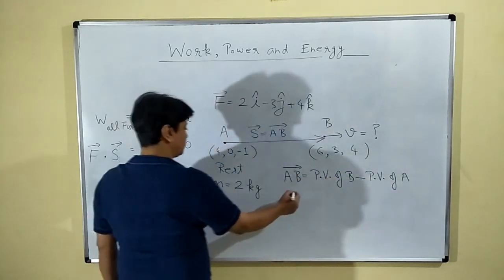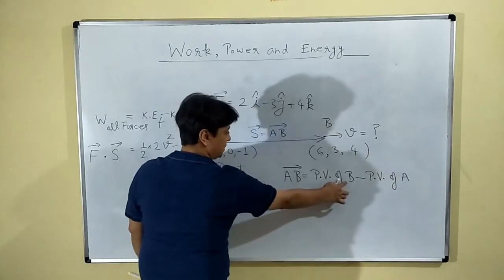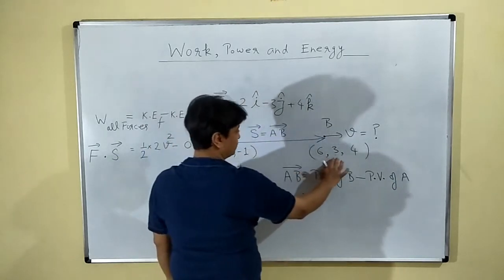And how do you write position vector? B, what are its coordinates? 6, 3, 4.